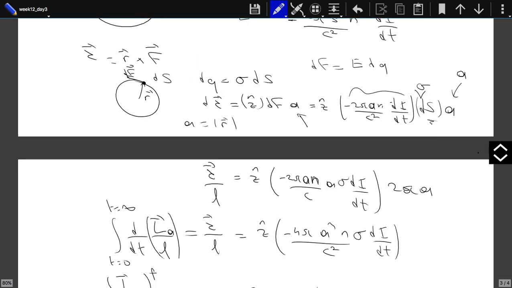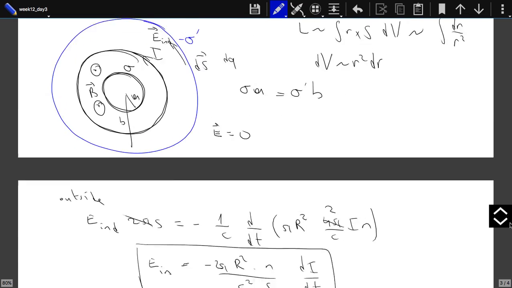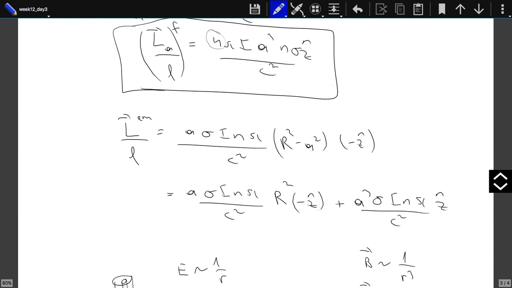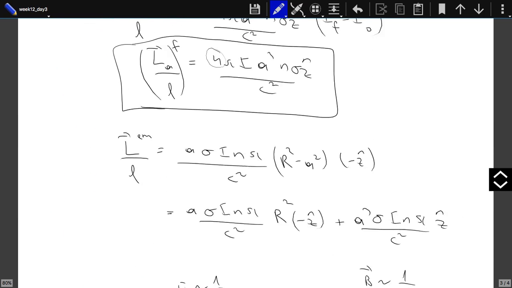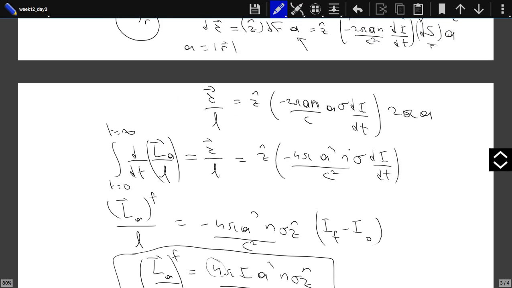So let me check a couple of things. 2 pi s n over c squared. Okay, so these are the same. So what happened to this pi over here?